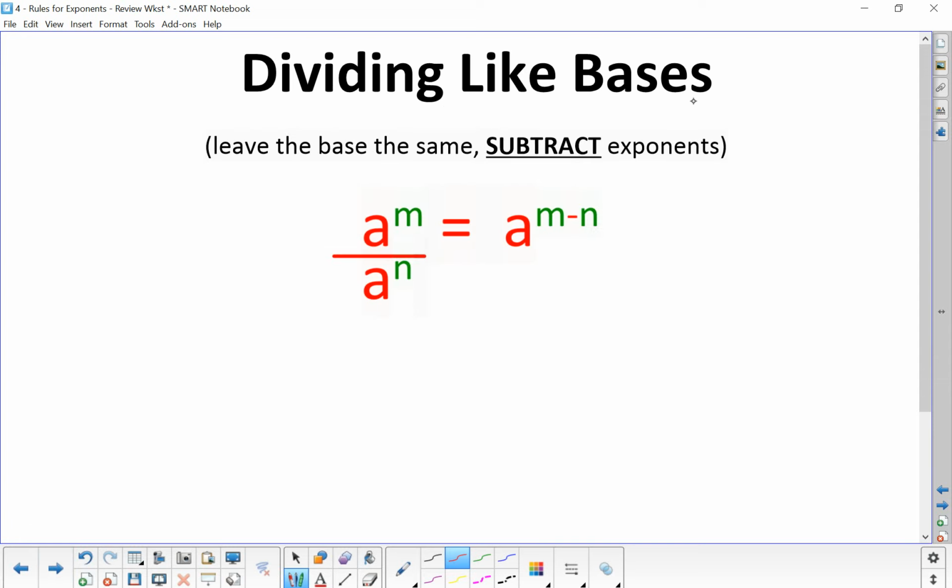Dividing like bases. If you have two bases that are alike and you are dividing them, you can subtract the powers. So if I had 5 to the 7th divided by 5 to the 3rd, I would leave the base of 5 the same and subtract, starting from the numerator, 7 minus 3.